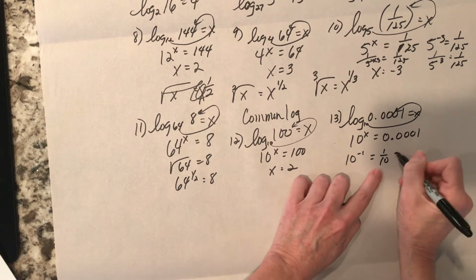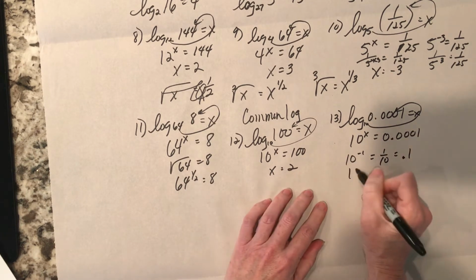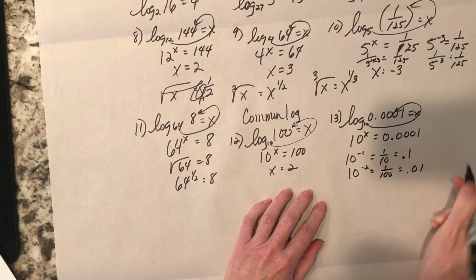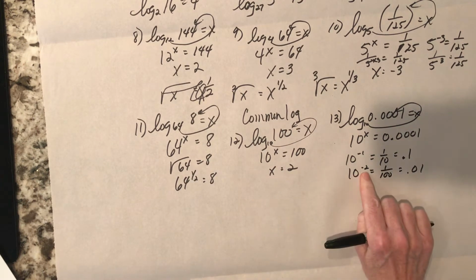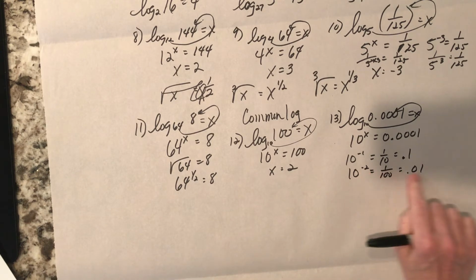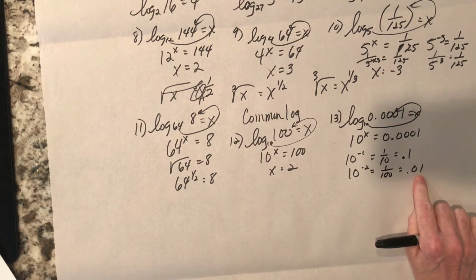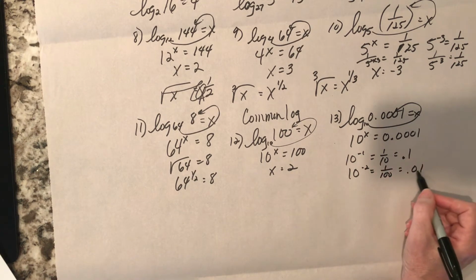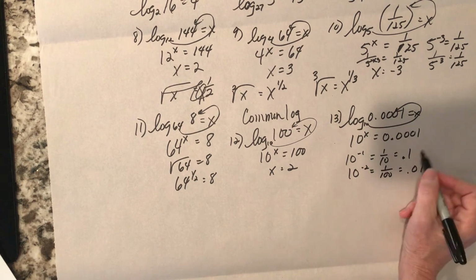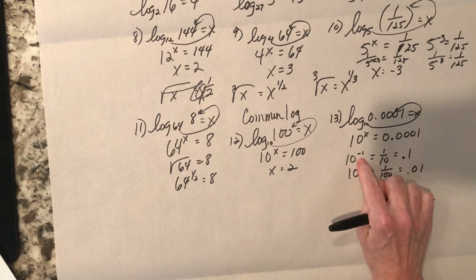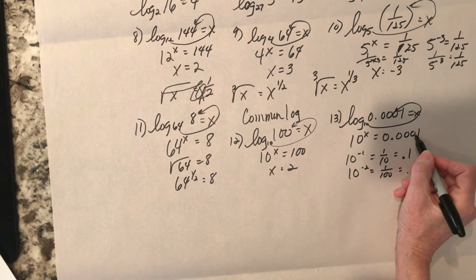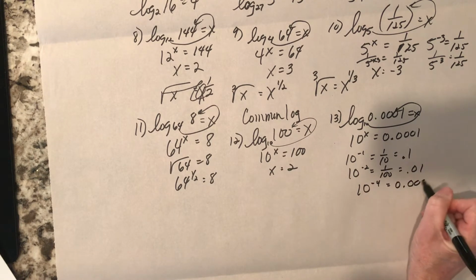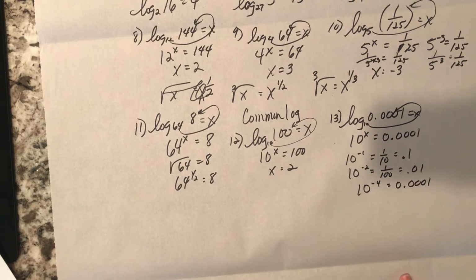Move it down, and that's 0.1. 10 to the negative 2 is 1 over 100, and that's 0.01. Can you see how the number there indicates the number of digits here? We have two digits, that's 10 to the negative 2. We have one digit, that's 10 to the negative 1. We have four digits, so 10 to the negative 4 will give us 1/10,000th.